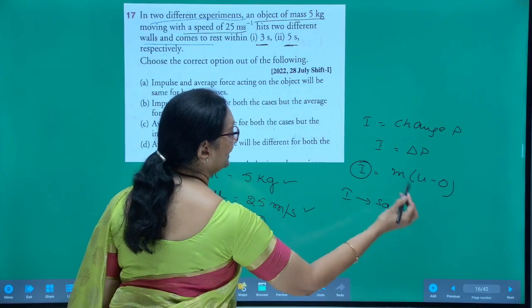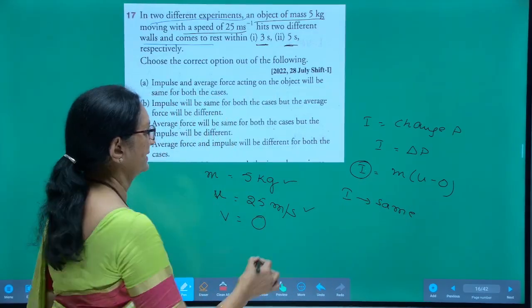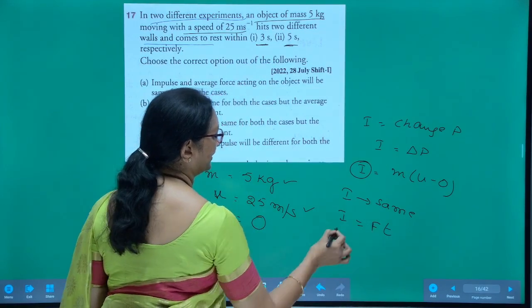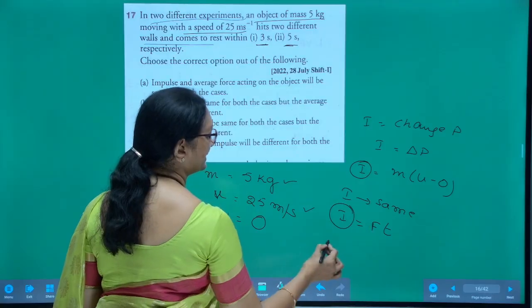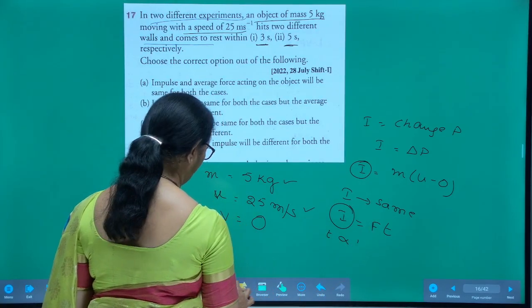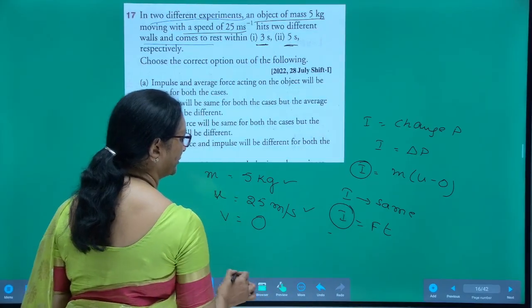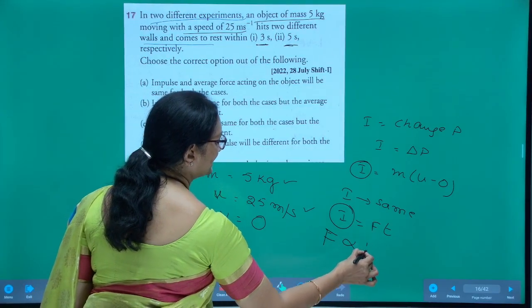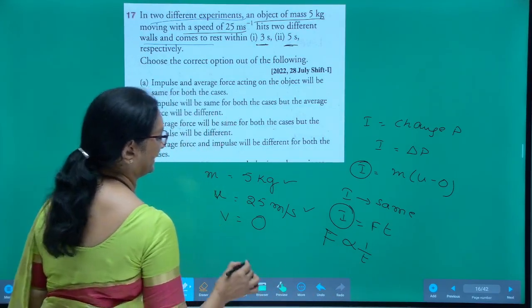Coming to the force, impulse is force into time of action of force. As impulse is constant here, F is inversely proportional to T. Impulsive force F is inversely proportional to T.